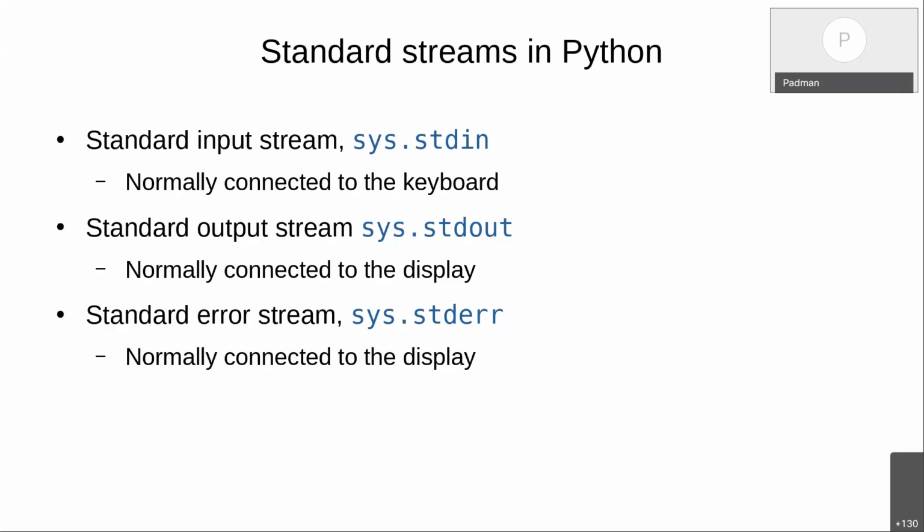The error stream, stderr, handles the case where there is some mistake or exception, or a program crashes: it generates its output and shows it on the display. So by default, the error stream goes to the display. If the program crashes, for example if you're accessing a NumPy array and index 7 is not there in that array, it shows an index error, right?